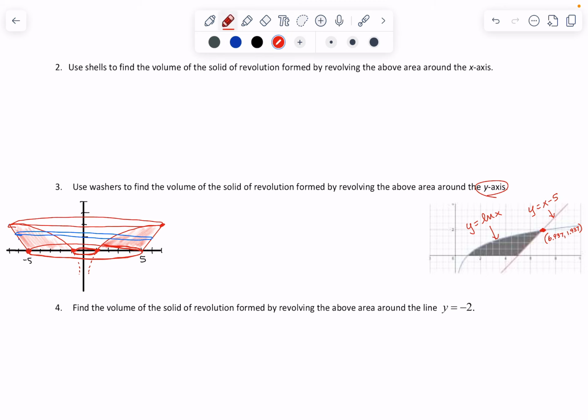It's going to be solid on the end here, and then we're going to have a little bit of a thickness here, and it's going to be an open area here in the middle.